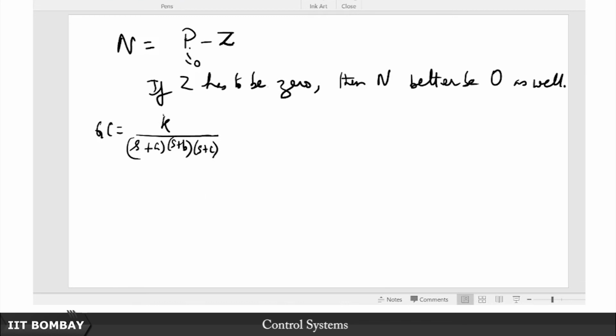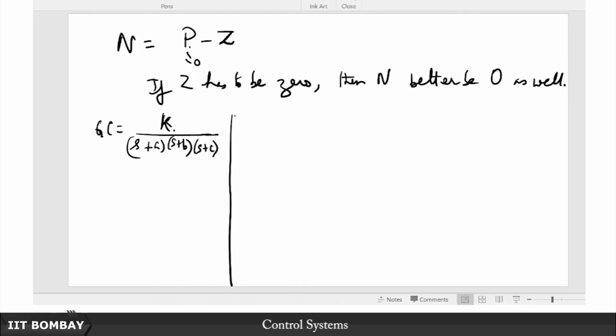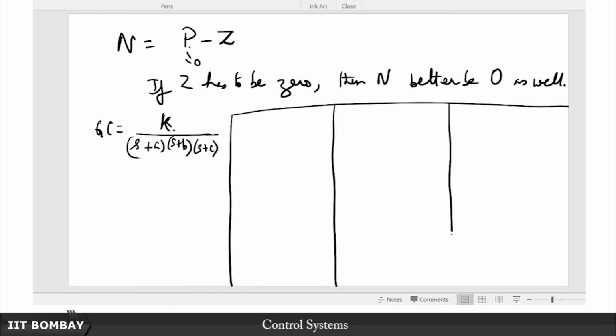Now of course I already know the root locus of this, so I will just draw the root locus and we will continue with the Nyquist and the Bode part of it, and then we will hopefully be in a position to compare. So this is, let us say, the root locus, this is the Bode plot, and this is the Nyquist plot.